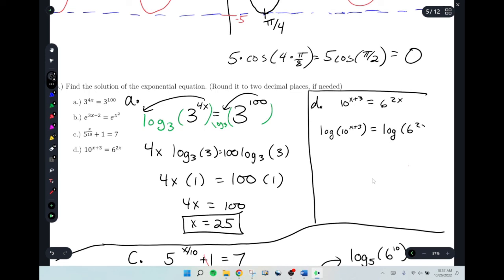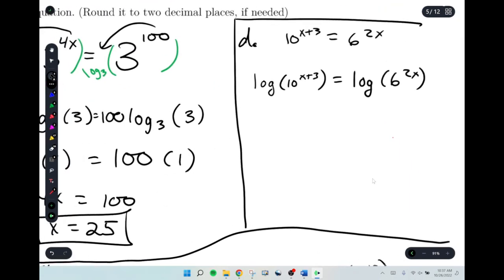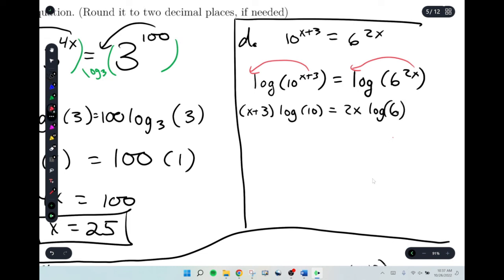Log of 6 to the 2x. And now what can I do with both of them, the exponents? Bring them out front, right? So now we've got x plus 3 times log of 10 equals 2x times the log of 6. Any of those cancel? Log 10 is just 1, right?